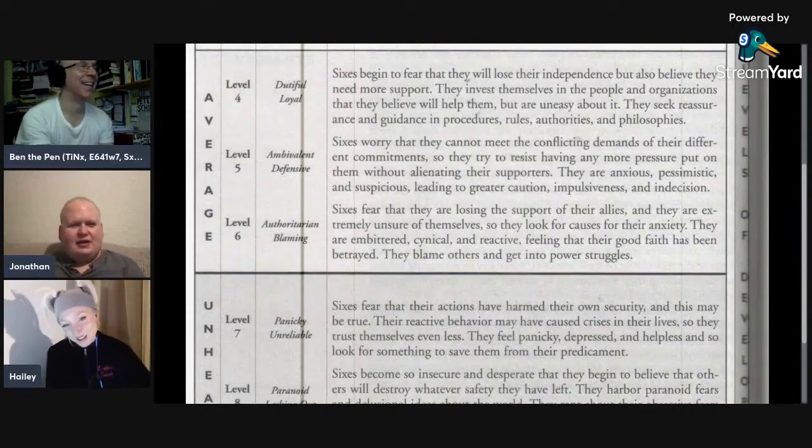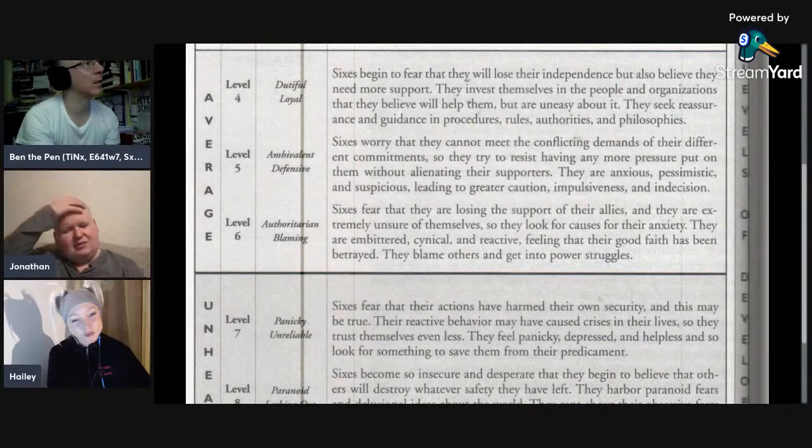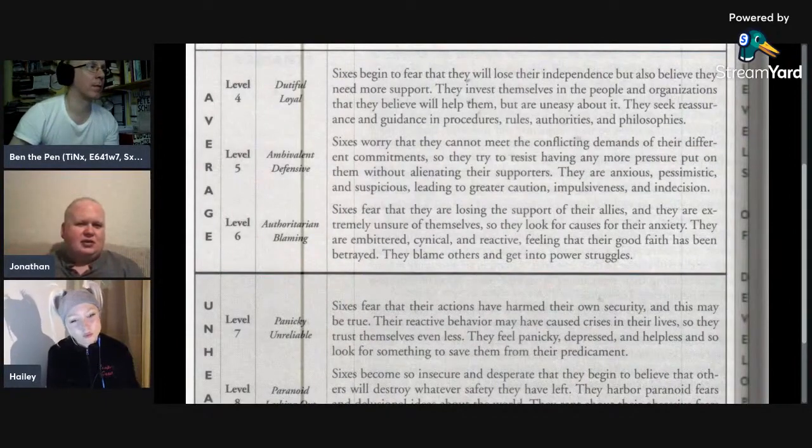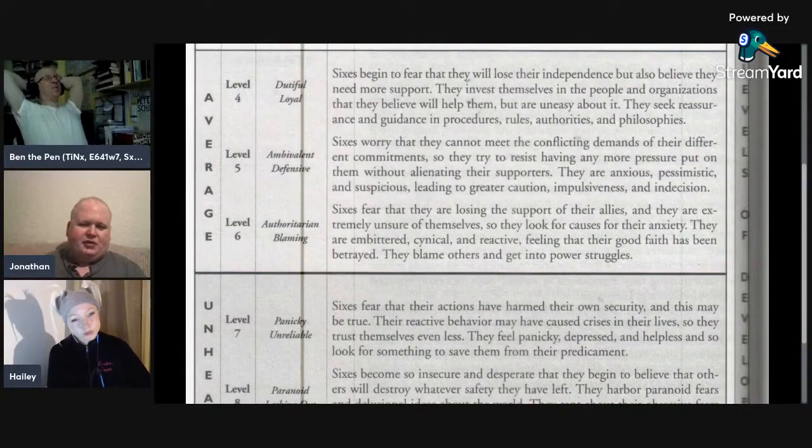Anyway, as I'm reading this profile, I'm remembering that this has been criticized as being a bit more about the social six than the six in general. But the real thrust of this is that the six thinks the world is an unsafe place and they're not sure they can deal with it by themselves, so they're looking for allies and supporters or some kind of network to help them, even if they want independence.